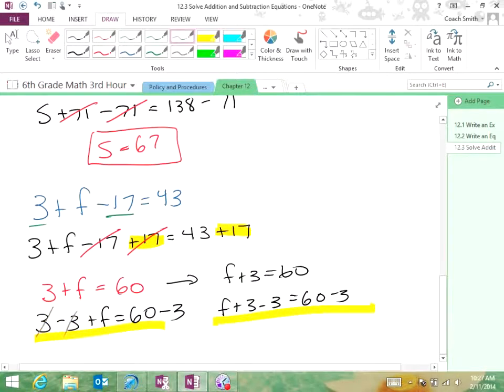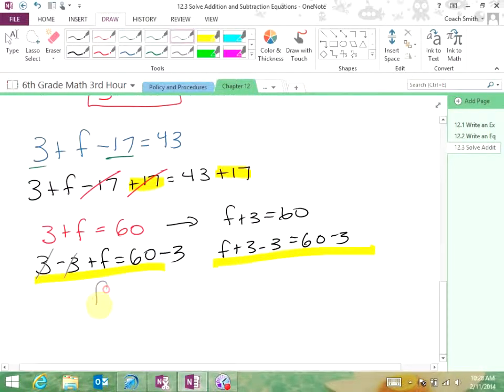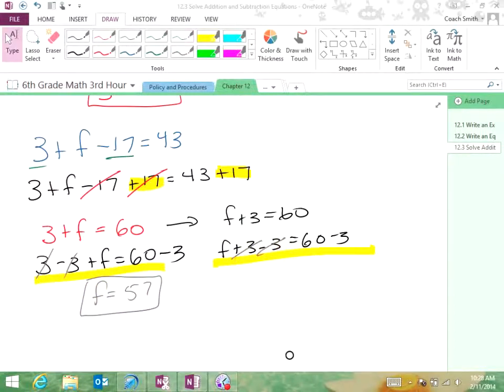Those two cancel out, because we know 3 minus 3 is 0. So that leaves me with F equals what? 57. Same thing over here. Those two cancel, leaving F equal to 57. So you can sort of understand why, we said at the first, I want you to write everything out.